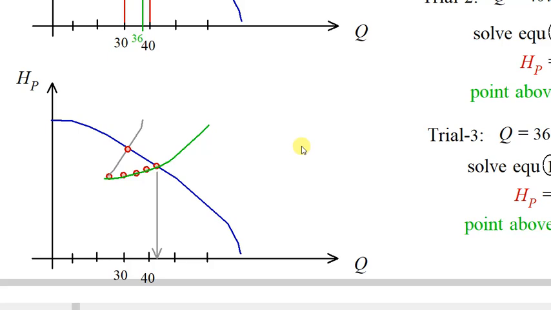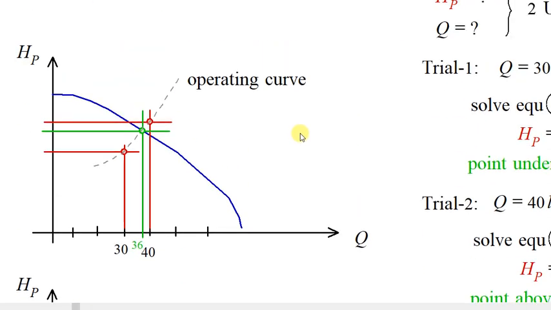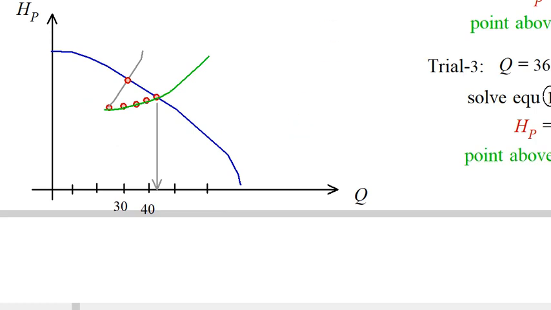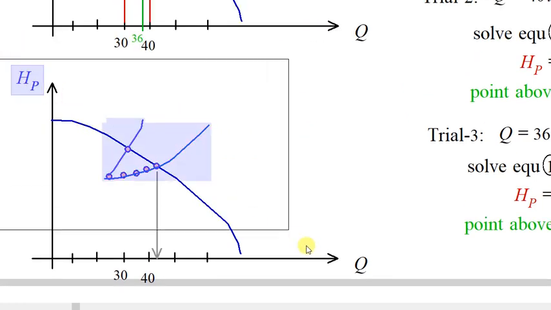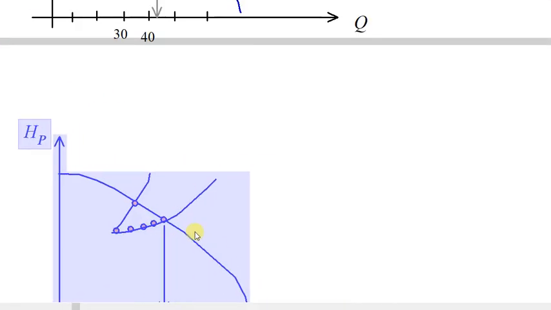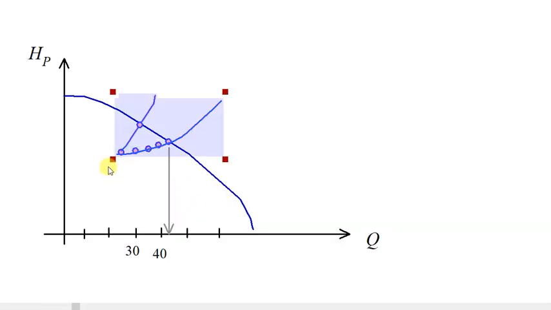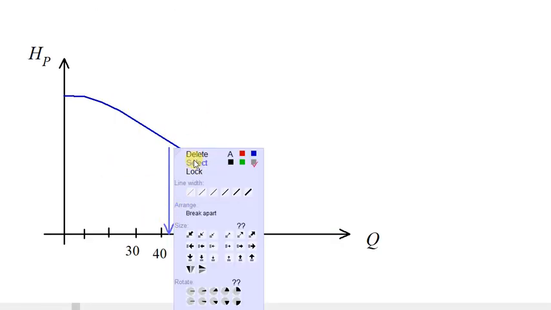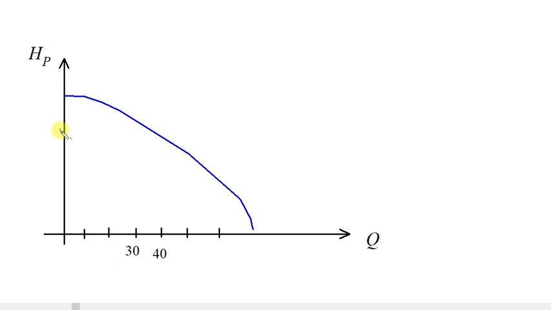Some students even sometimes say, why not take one point that is like this. For example, I have HP of 8 meters, so why not choose this point and the point 40. No, not on the curve.